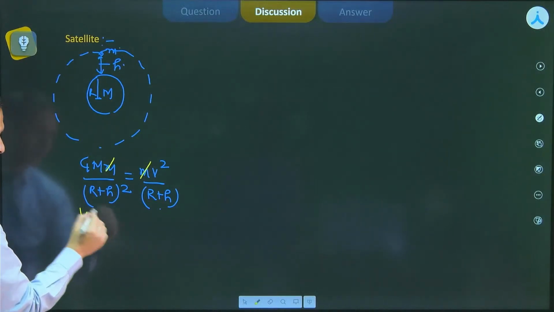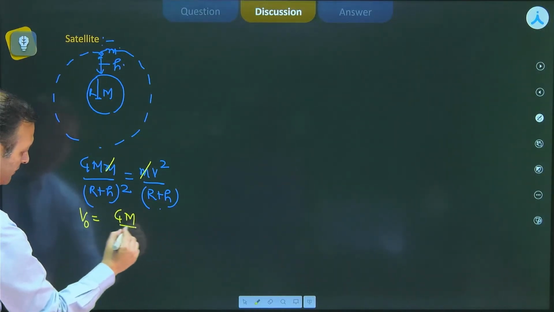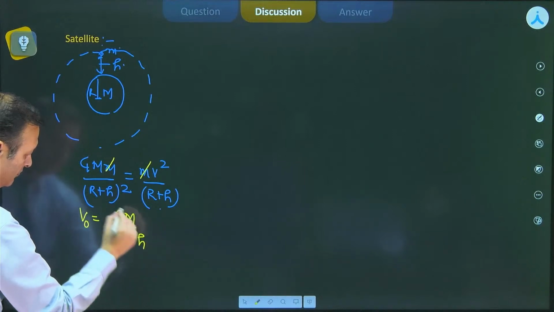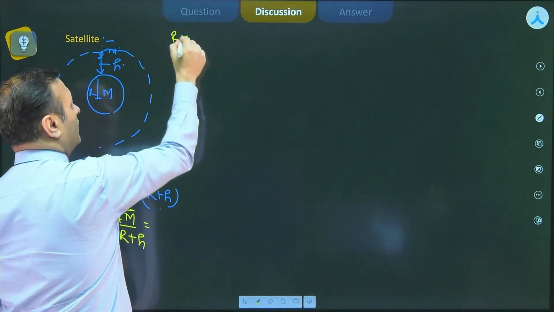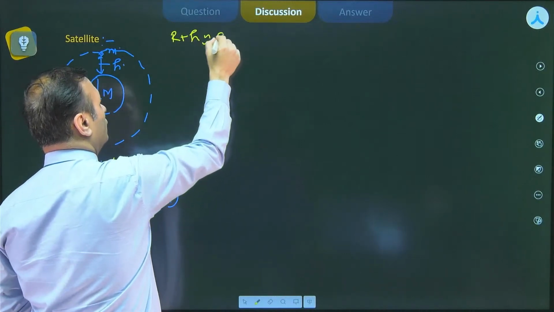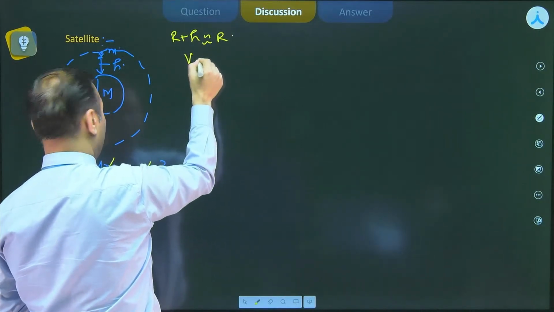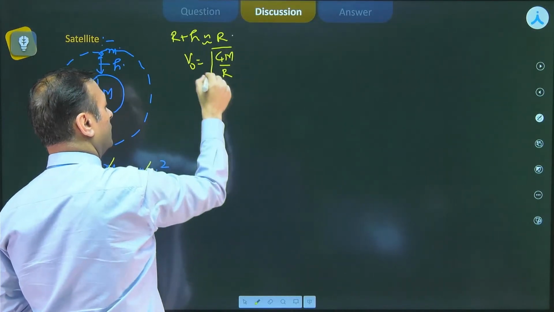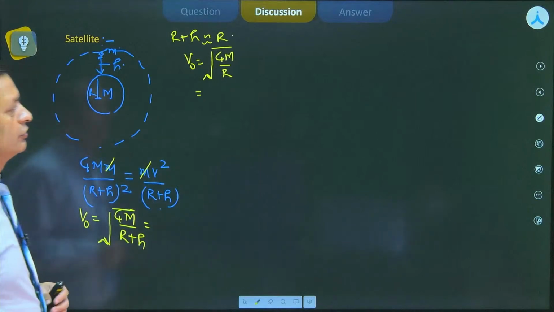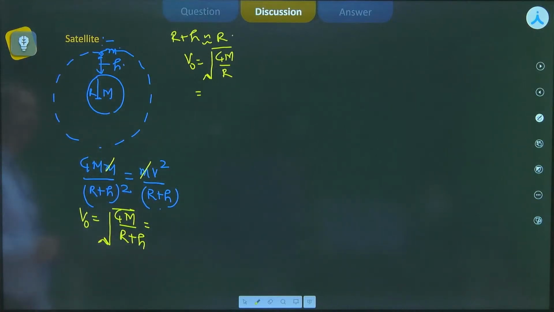So your orbital speed comes out to be root of GM by (r plus h). If this is very near to Earth, then orbital speed would be root of GM by r. You got it or not? So this is the formula for the orbital speed.